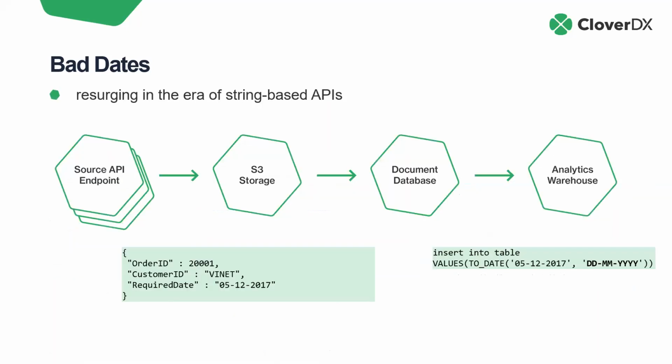Date errors, anyway, are particularly resurgent lately with string-based APIs. Most API endpoints today return everything as strings, JSON, for example, and you might make those API calls, get your result set back, put it into an S3 data lake, and then maybe downstream a little ways, move it from your S3 data lake into a document database, all treating that information as strings until at some point, someone needs to actually transform, analyze, or otherwise use that data.